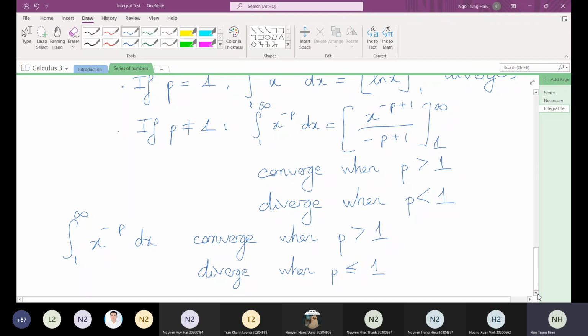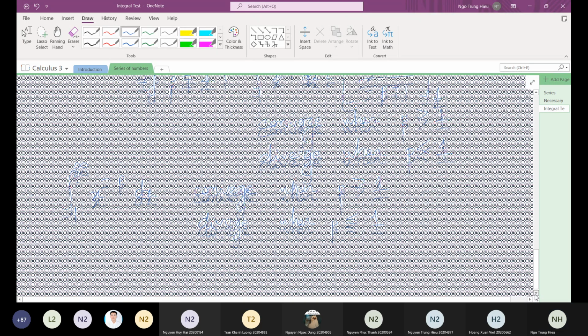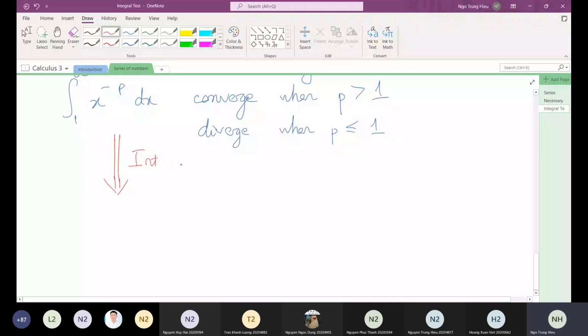So by the integral test, we will see that the sum of 1 over n to the p has the same convergence or divergence.